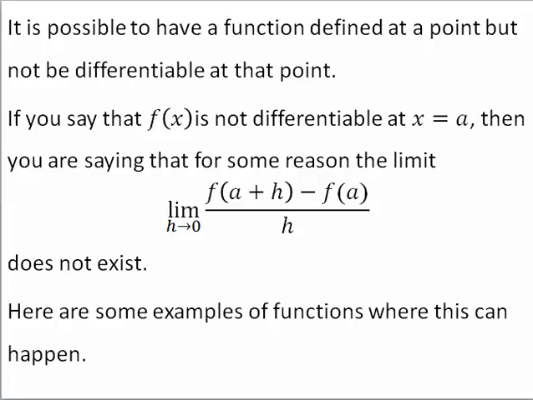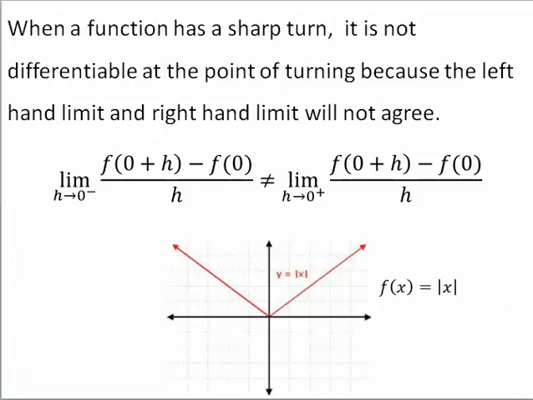Now, it is possible to have a function defined at a point but not be differentiable at the point. We've seen that not every time we take a limit does that limit actually exist. So let's look at some possibilities of where this limit does not exist. One place is if you have a really sharp turn or a cusp, then the average coming in from the left will be different from the average coming in from the right.